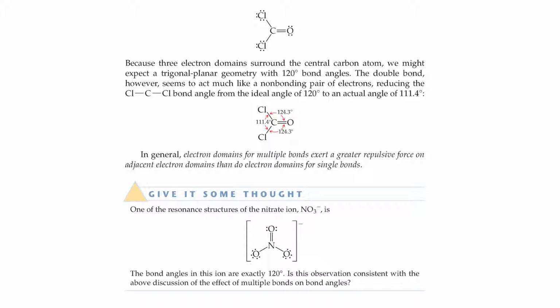The double bond, however, seems to act much more like a non-bonding pair of electrons, reducing the chlorine-carbon-chlorine bond angle from an ideal 120° to an actual angle of 111.4°. In general, electron domains for multiple bonds exert a greater repulsive force on adjacent electron domains than do electron domains for single bonds.